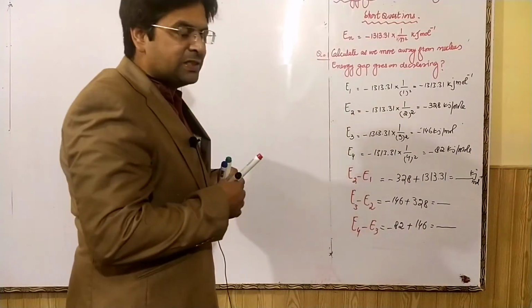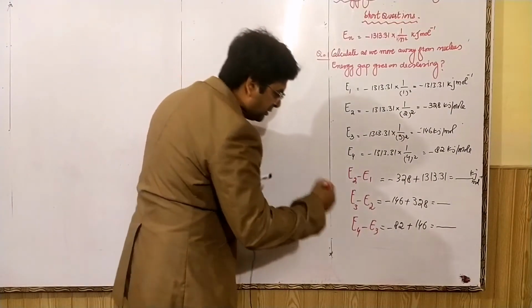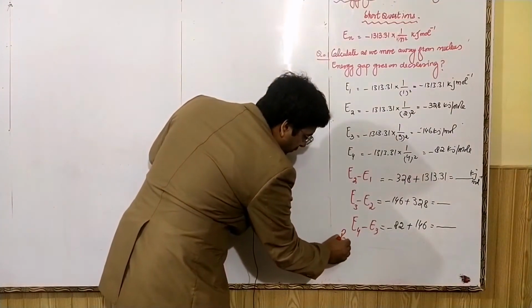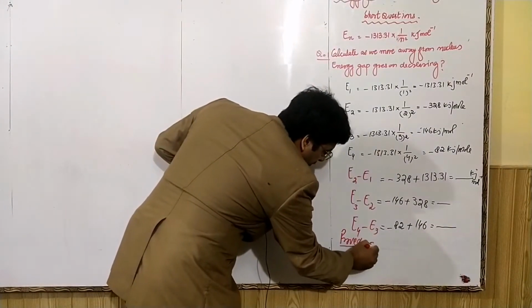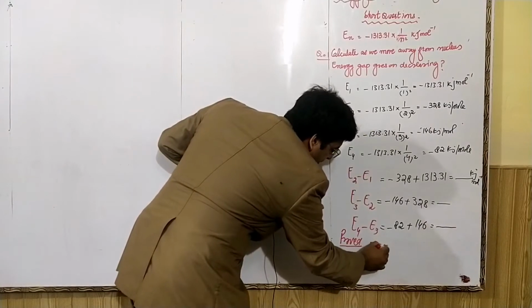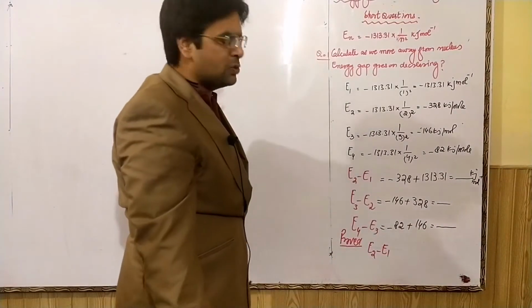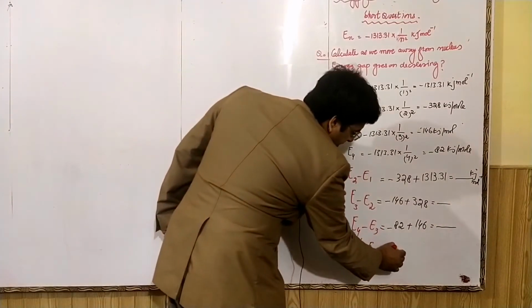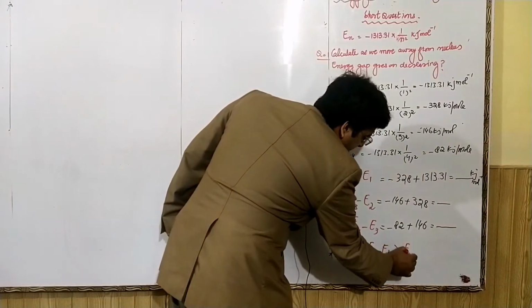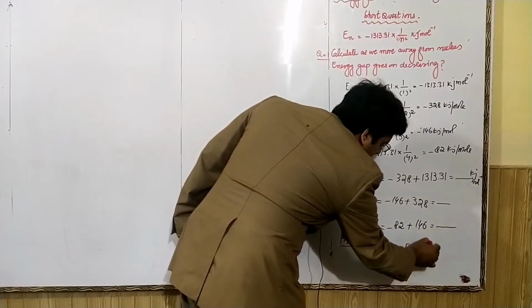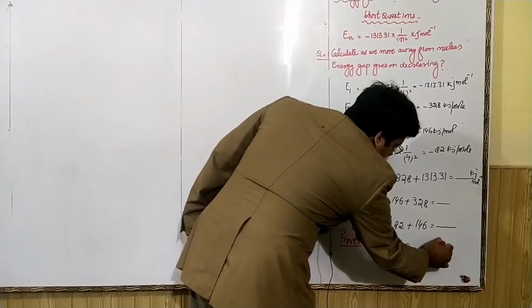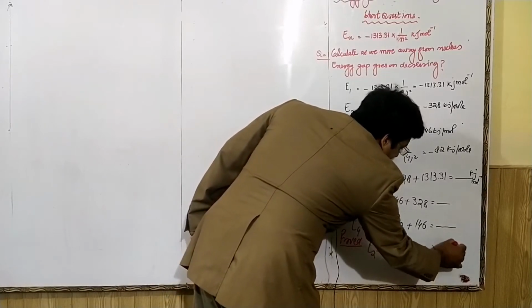Now, the first difference is larger, hence we have proven that E2 minus E1, the energy difference in first two shells, is larger than the energy difference in next two shells, E3 minus E2, and that would be larger than E4 minus E3.